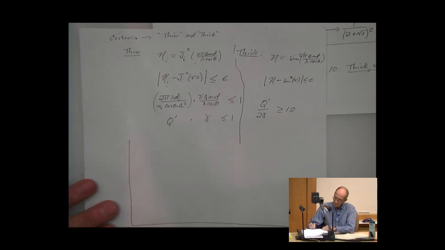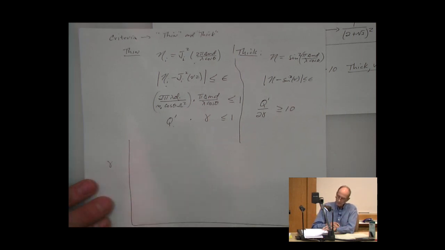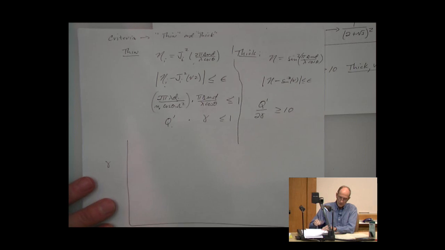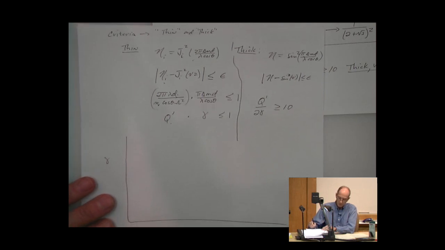So they made a plot of this modulation parameter, gamma, versus q prime. It's a logarithmic plot. So here's 1 and 10, and here's 100 and 0.1.